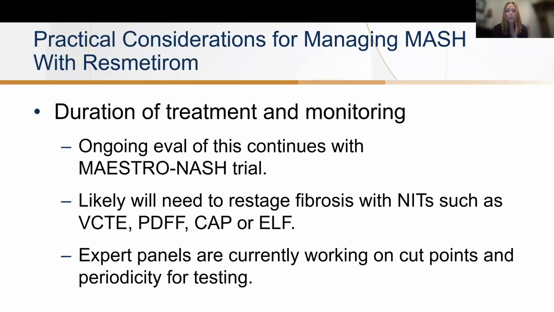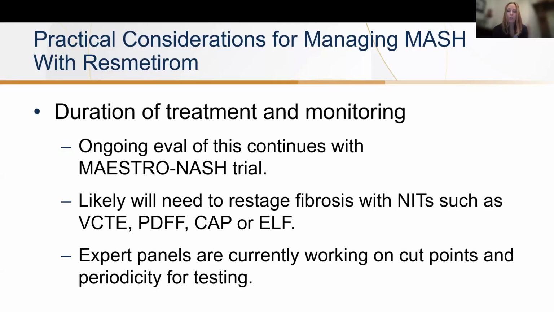Right now, I'll tell you what we do in our practice when we start resmetirom. We check liver enzymes every 3 months for that first year. We're reevaluating patients in the office in 3 months, checking LFTs at that time, making sure patients are not having side effects. At 12 months, we're redoing some type of non-invasive testing, most likely FibroScan.